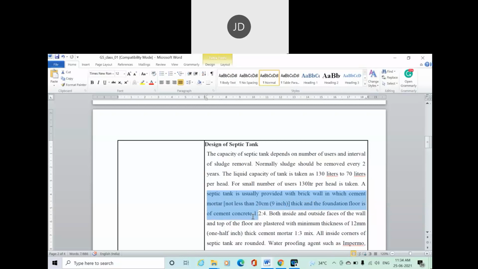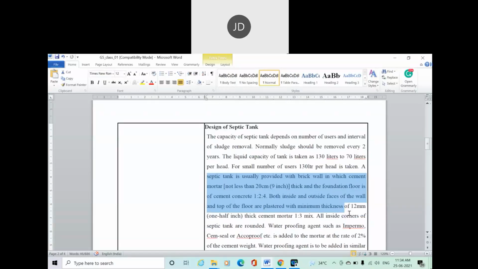The foundation floor is of cement concrete in the ratio 1:2:4. Both the inside and outside faces of the wall and the top floors are plastered with a minimum thickness of 12 millimeter, a 1/2 brick thick cement mortar 1:3 mix.